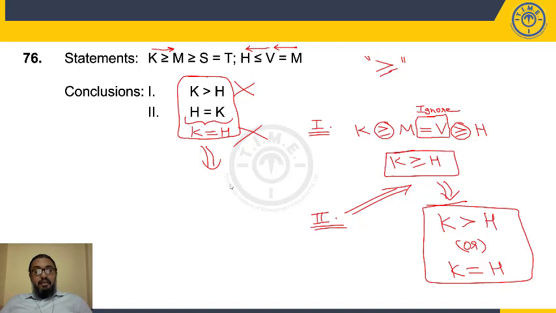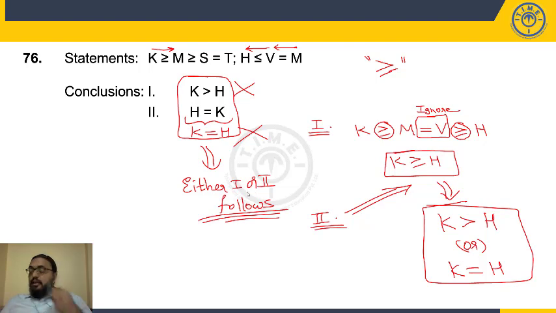So that is why here your answer should be either one or two follows. This is how you will have to answer. If you look at them individually, you will not get your answer. But since the elements are same in both the conclusions, you can combine them and write it like this, because my result is the same, greater than or equal to.